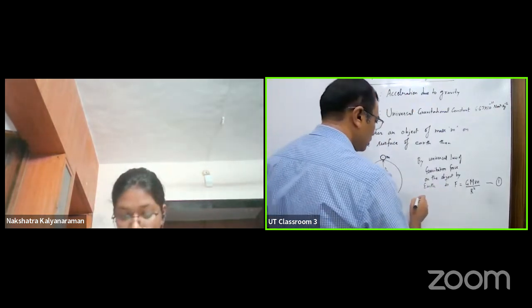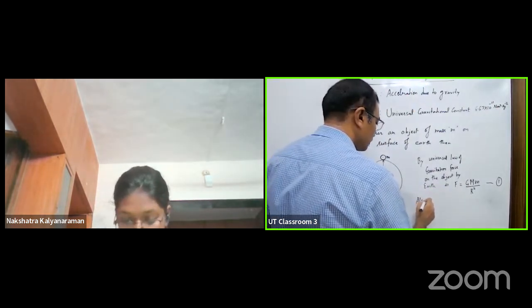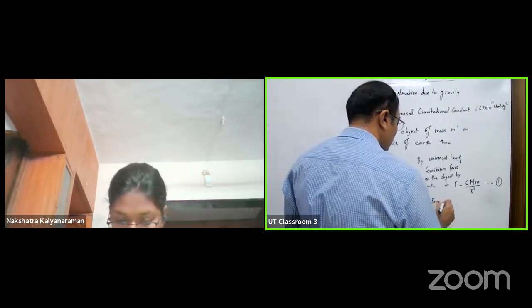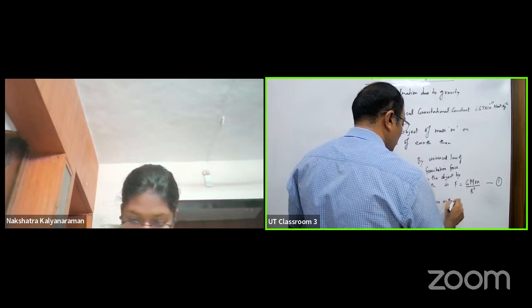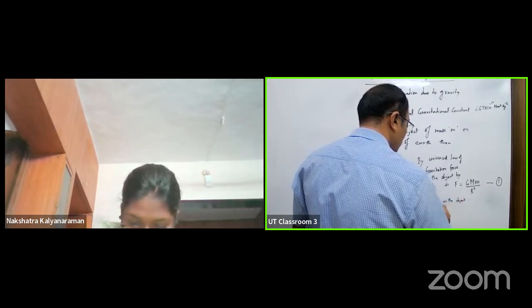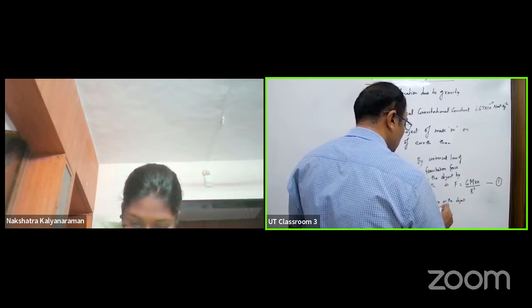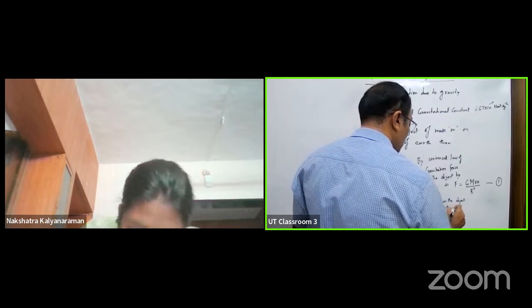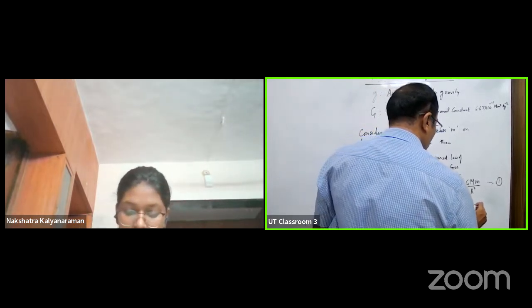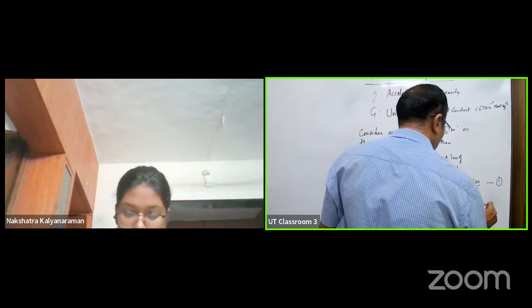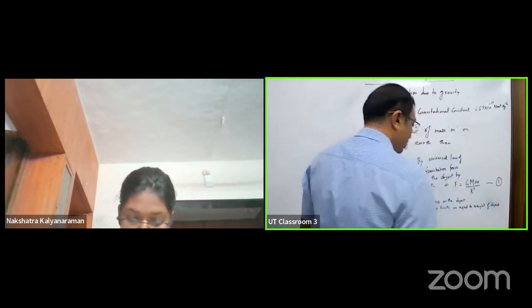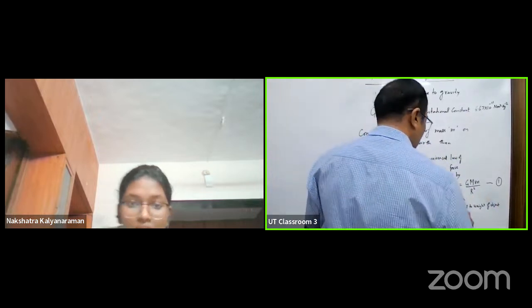Further, the force on the object by Earth is equal to the weight of the object.